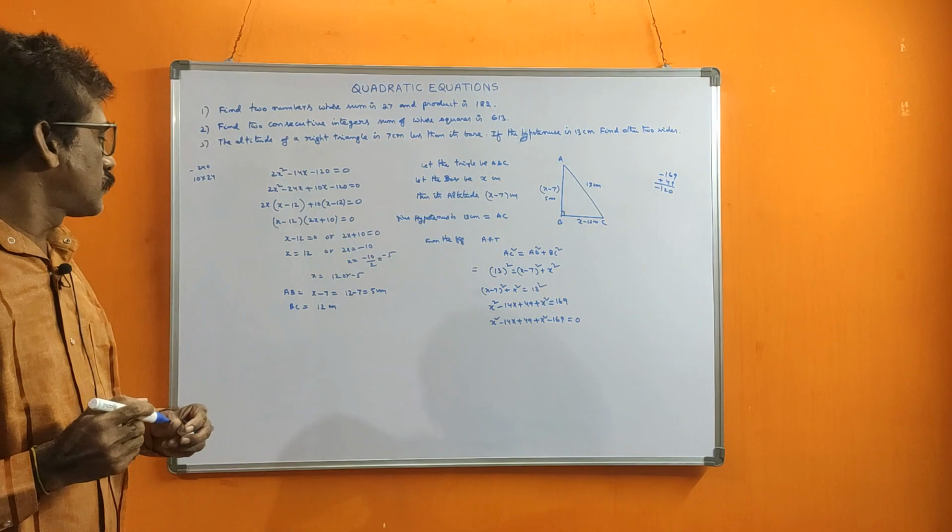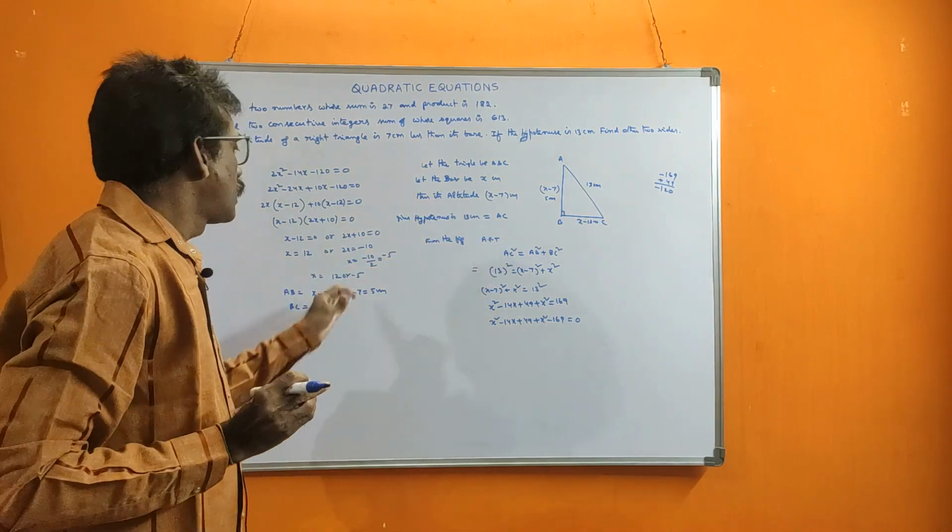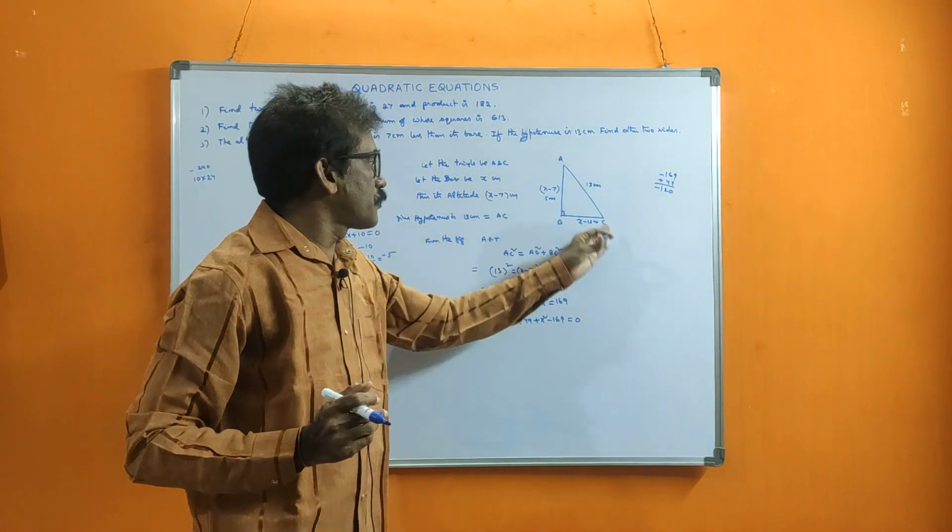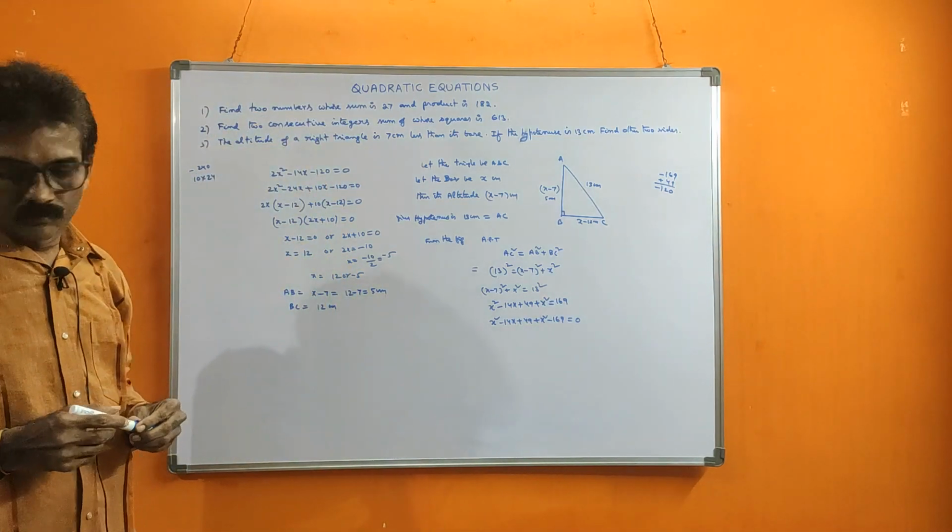So like that, the other sides are 5 cm and 12 cm. Anyway, the hypotenuse was given.